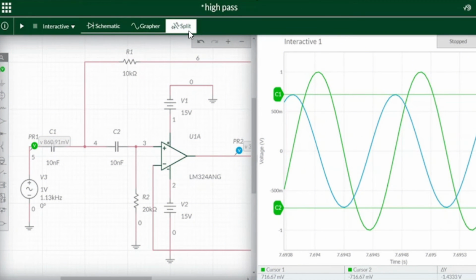As you can see, this is for the high pass filter, and this is the circuit design. So I changed the value to 1.13 kilohertz. The blue color refers to the output. As you can see down here, the value of output is negative 1.433 volts.